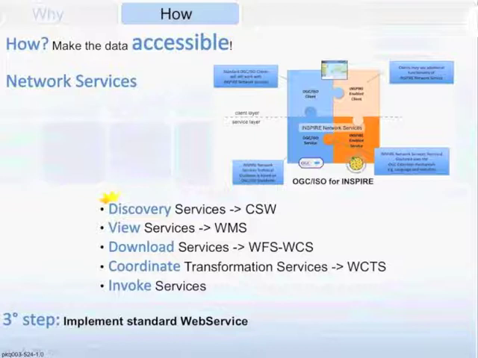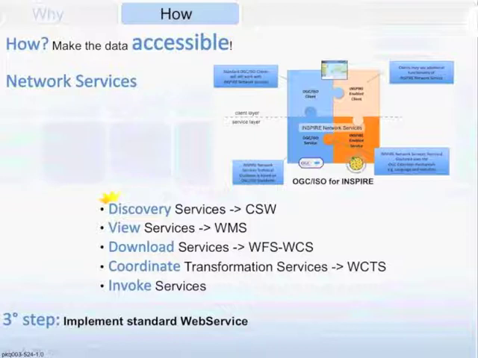These services are needed to search for spatial data based on the catalog service for the web. Mainly, for the implementation, the INSPIRE network services refer to some standards defined by the Open Geospatial Consortium.